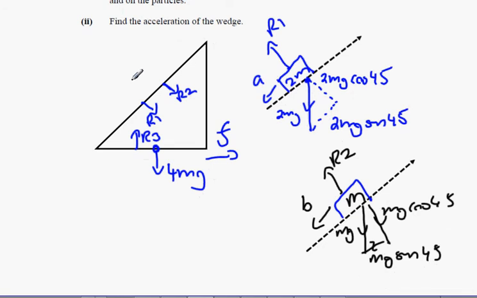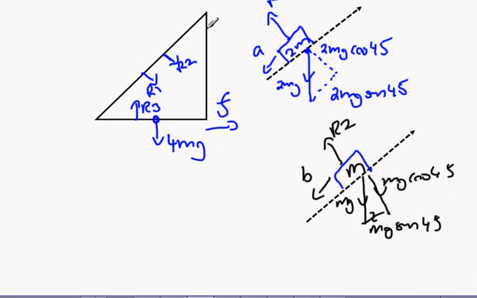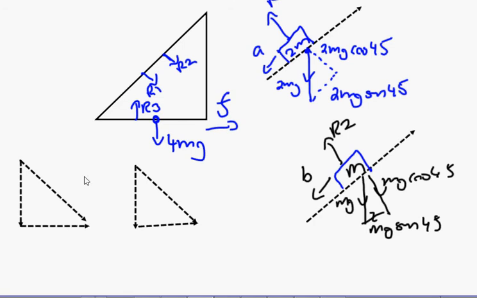Now, before we begin, we need to start thinking about the reaction forces R1 and R2 and how to break them up into their components. So you're going to make a couple of triangles before you go into any equations whatsoever. This here is R1 and R2, a right-angled triangle representing both of them.